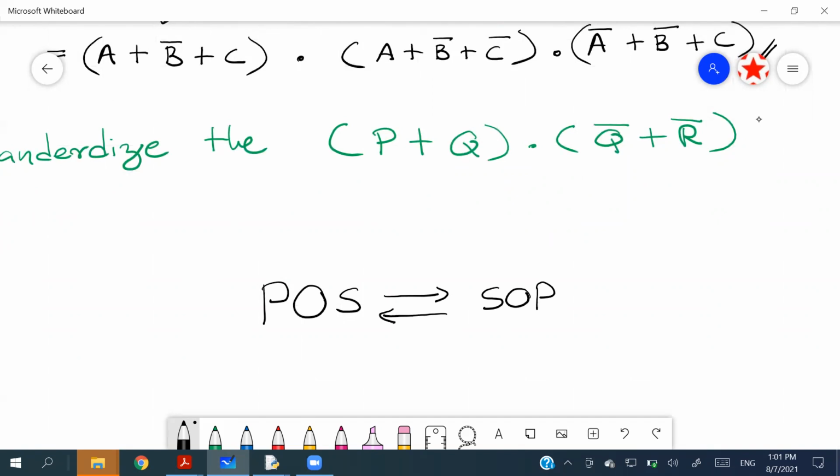So when you are doing the conversion, it's going to represent the same function, right? එකම එක්කෙනා තමයි SOP nature එකෙන් එනවා, POS nature එකෙන් එනවා, but at the end of the day, it's going to produce the same value, right?